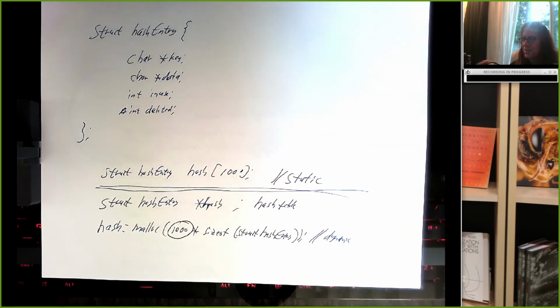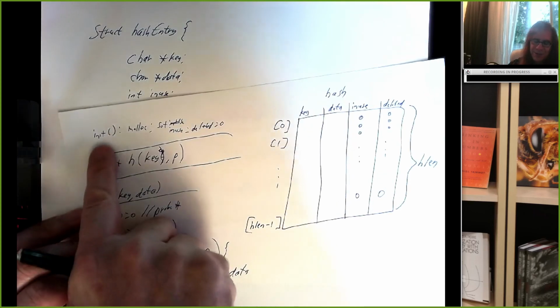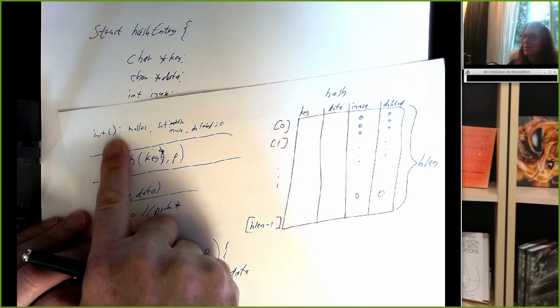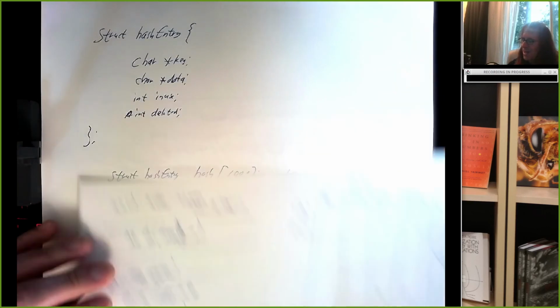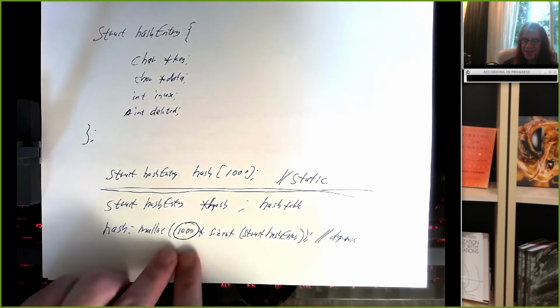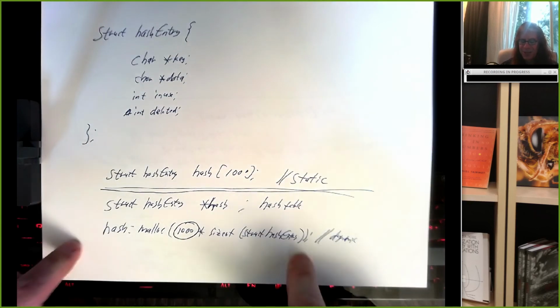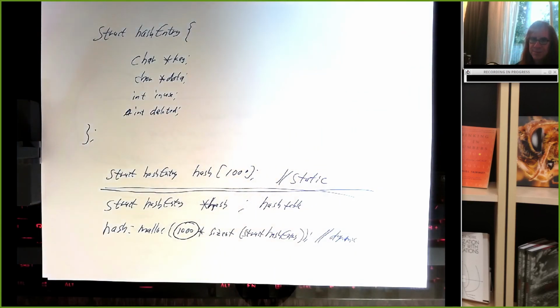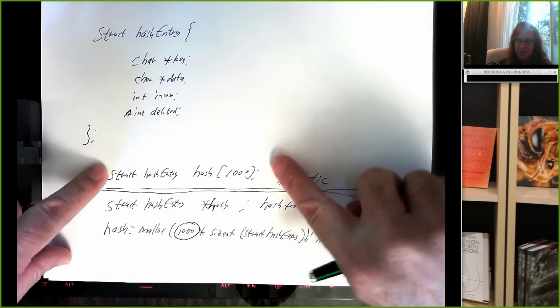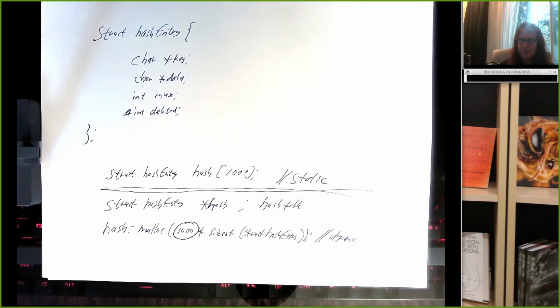And maybe in your init function, when you call init to say, I want to create a hash table, maybe you accept an argument which says, how much stuff do I want to store in there? And if I say I want to store 100 things, maybe I would use that variable times 10 and use that to tell me how big to make my hash table. So this is, you know, the runtime version of doing this.